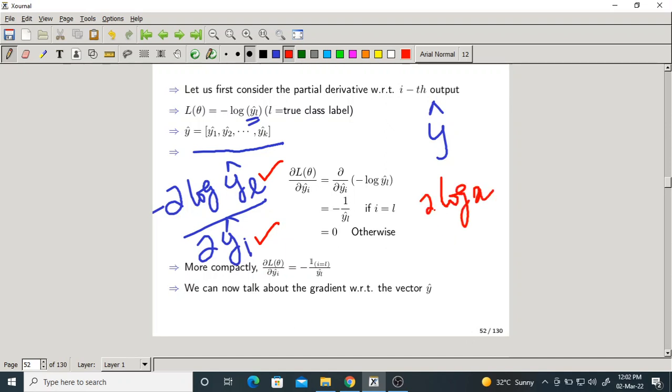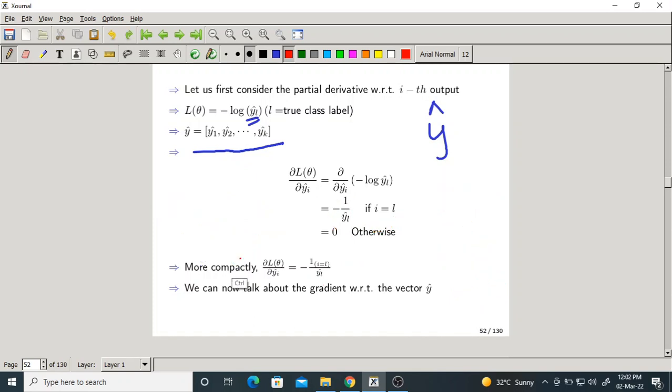It is 1 by x. So here, what is the derivative of minus log x? Minus 1 by x. But please remember, it is true if and only if i equals L. Isn't it? If i is not equal to L, obviously 0. Why? Because we are differentiating the true class with a wrong class. Okay, so please make a note of this. This is very, very important. A simple differentiation of logarithm, right?